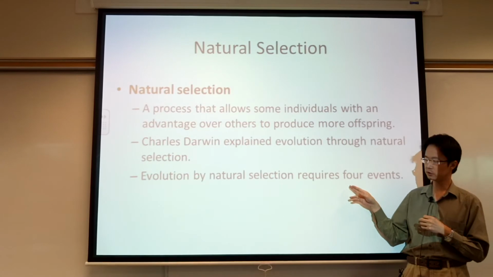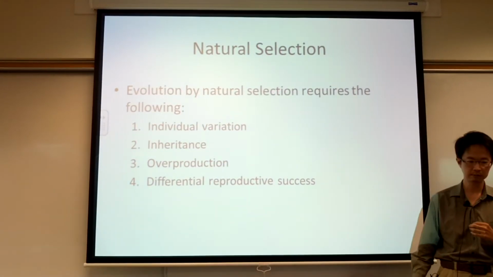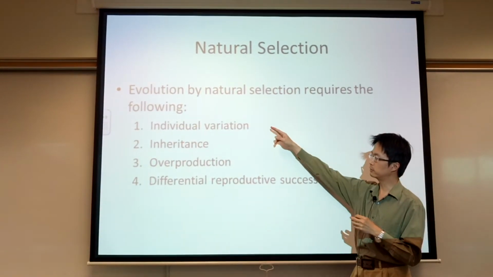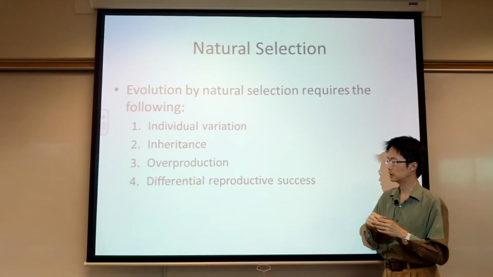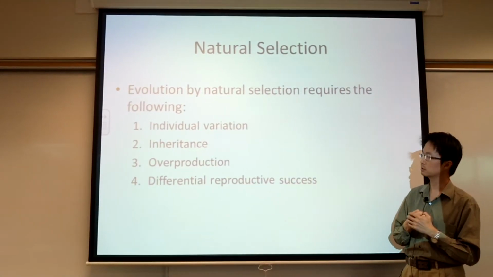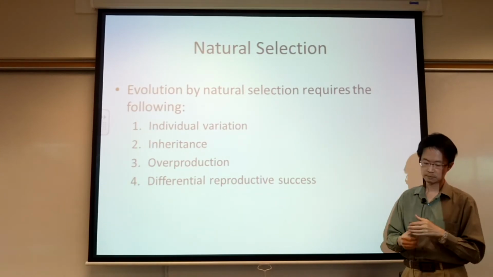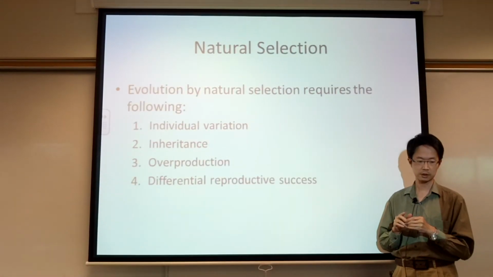Evolution by natural selection requires four events, so we will talk about each of the four. Natural selection requires individual variation, inheritance, overproduction, and differential reproductive success.